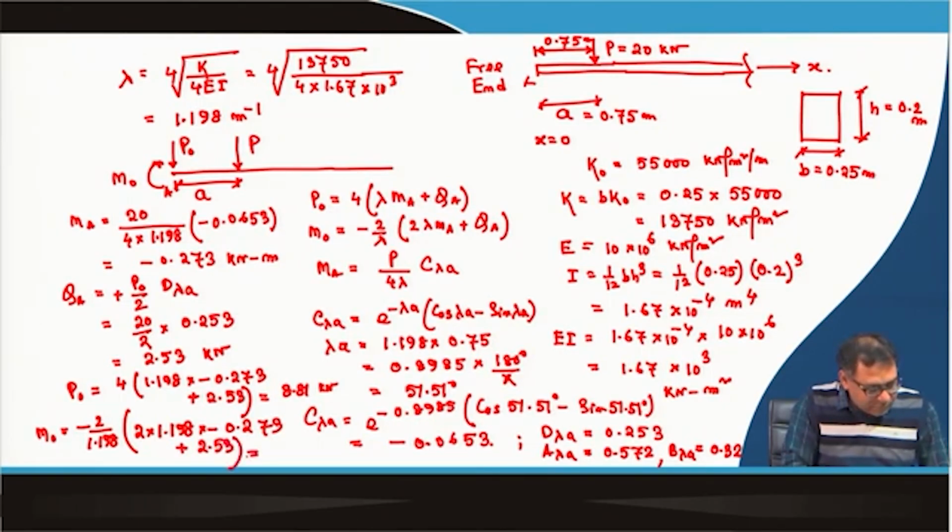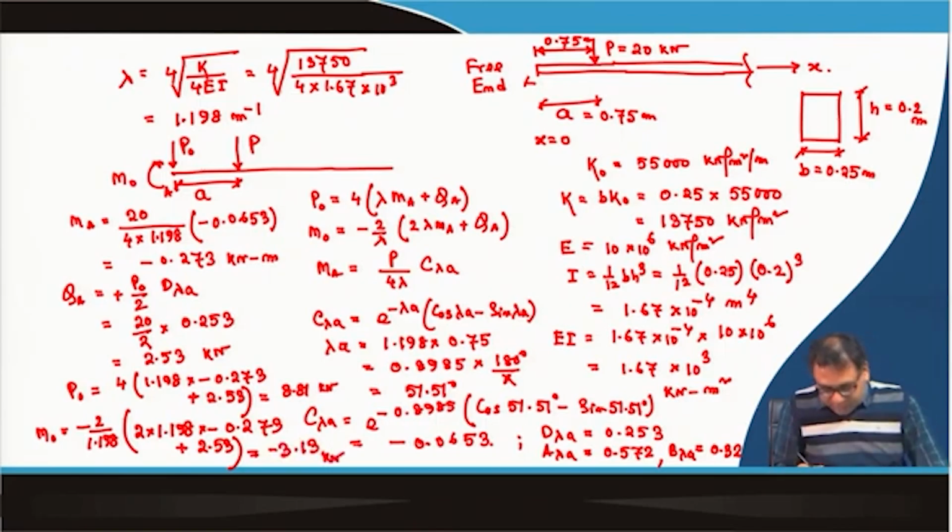So, this is equal to minus 3.13 kilonewton. So, now we have calculated the end conditioning forces P0 and M0. And these values are 8.81 kilonewton and minus 3.13 kilonewton respectively.